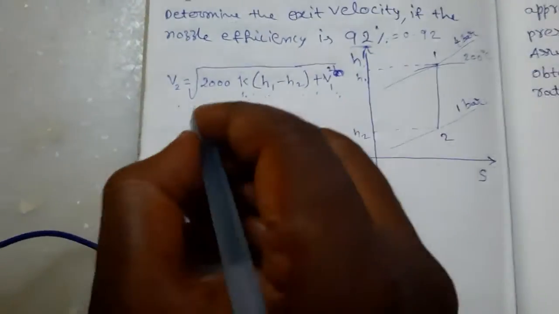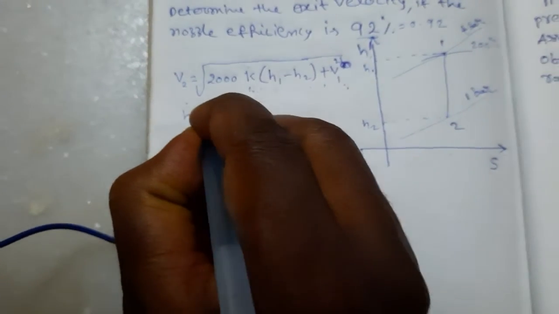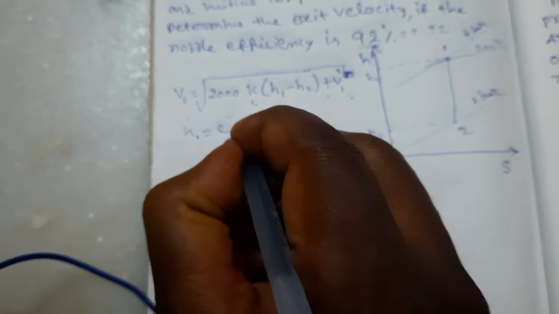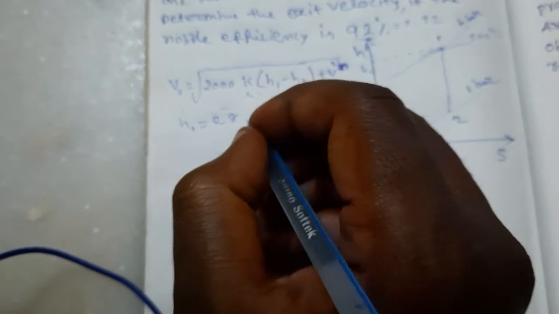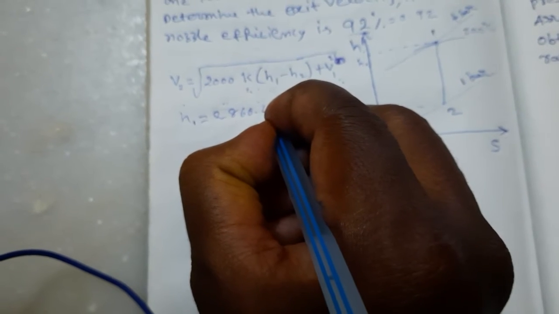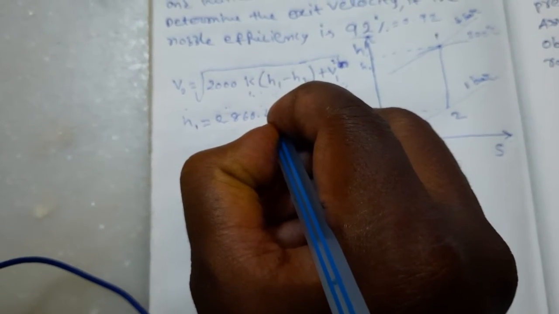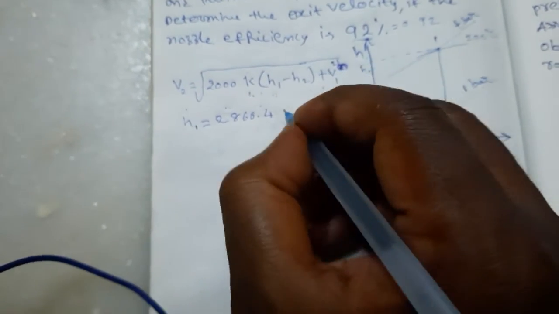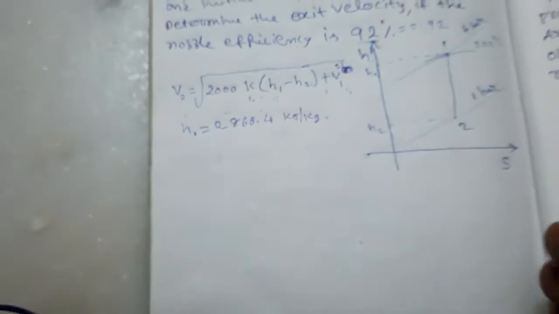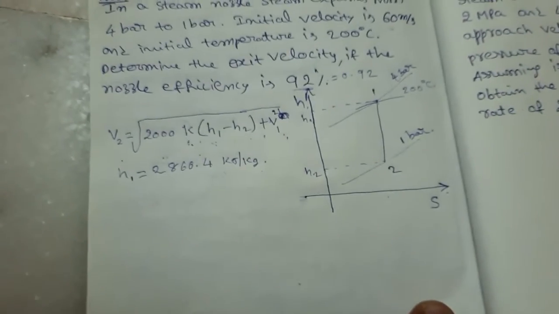So H1 equals 2860.4 kilojoules per kg. Now we directly calculated H1.